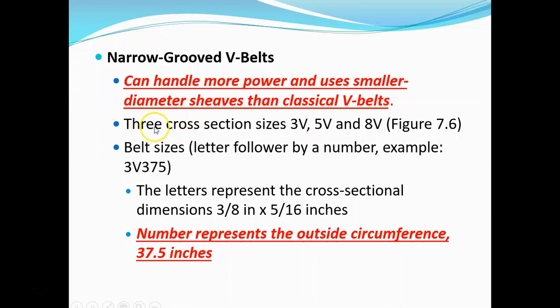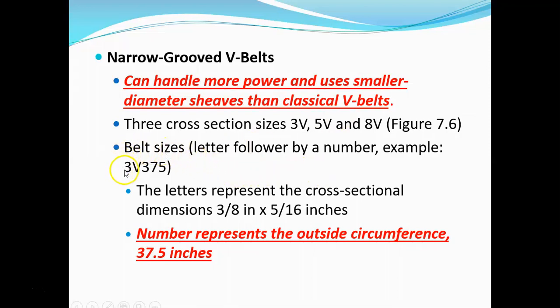So we only have 3 cross section sizes as opposed to the classical V-belts, where they had 5. But if you see the letter V in your 3V, 5V, 8V, it automatically should tell you that it's a narrow groove V-belt. If it has a V in it, so 3V, 5V, 8V, those are the 3 cross section sizes.